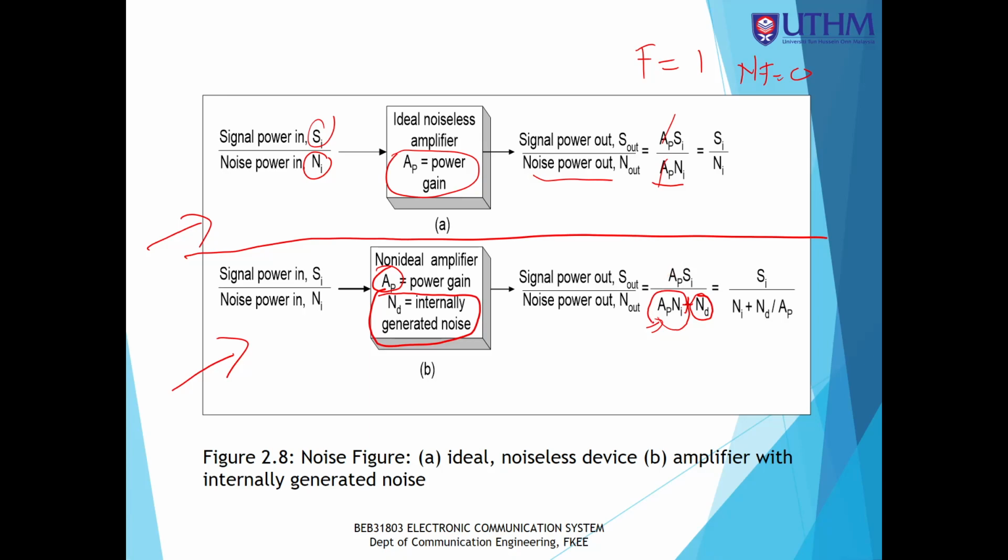So the total noise at the output is AP times NI plus the internally generated noise. That means the output SNR is less than the input SNR because we have additional noise. In this case, F is more than 1.